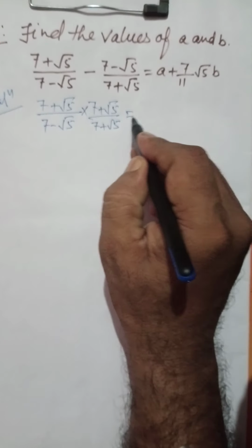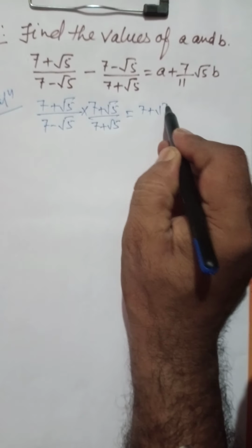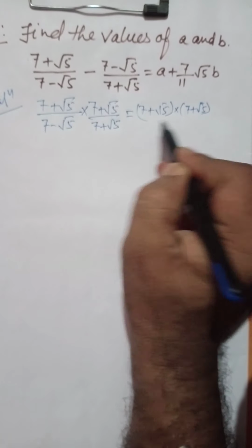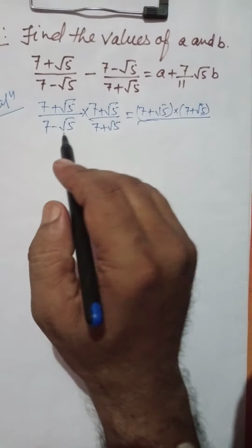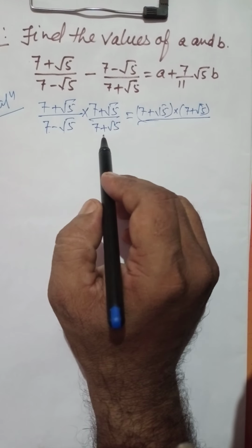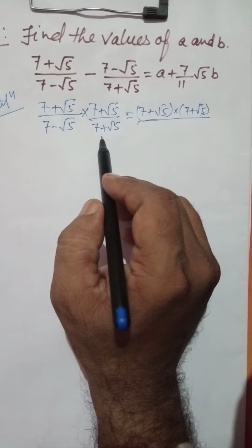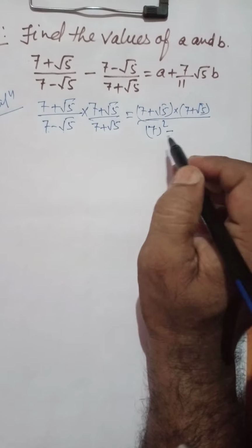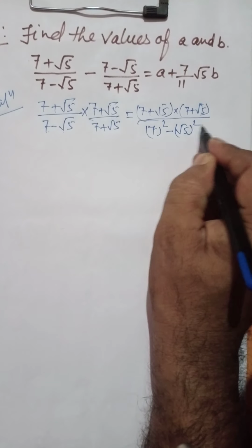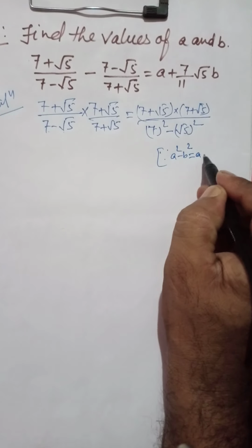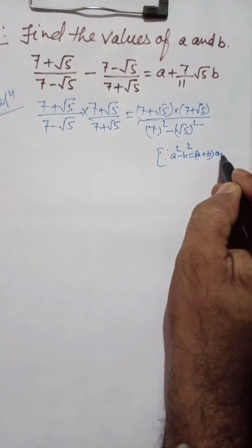Now see here, this one is 7 plus root 5 multiplied by 7 plus root 5 upon (a minus b)(a plus b). It is based on the identity a square minus b square equals a plus b times a minus b. So we can write 7 square minus root 5 square, using the identity a square minus b square equals (a plus b)(a minus b).